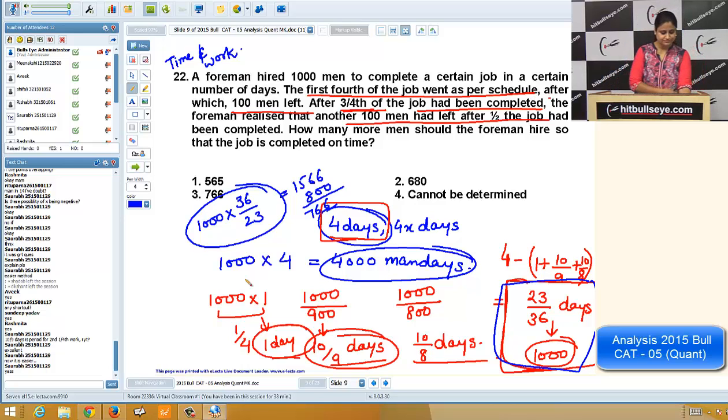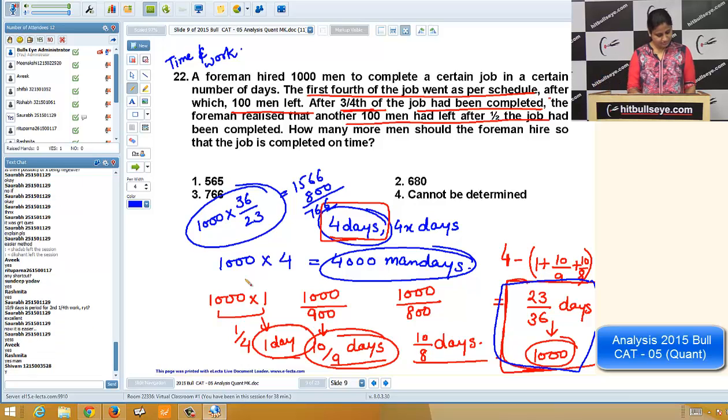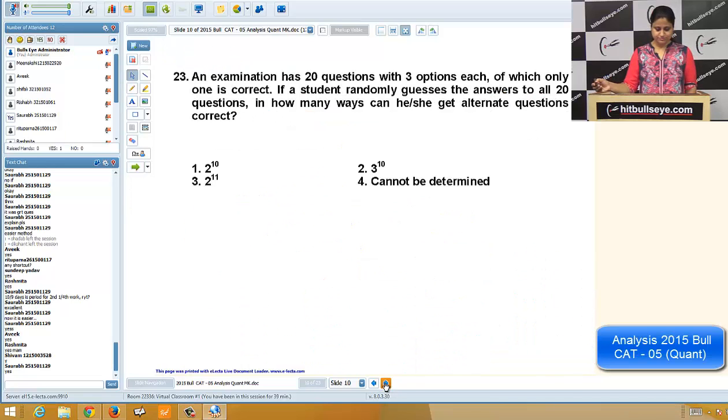Is it okay? Should I move further, guys? Okay, that was a big question, a huge calculation, avoidable in time pressure if you are not comfortable in quant. Yeah, easier.